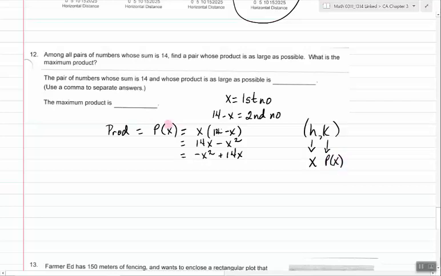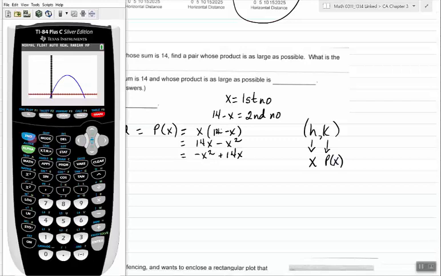I didn't call it Y, I called it P of X. So when I get that vertex, I'm going to have the X number, and then I can find the second number, and I'm going to have the highest product you can get. So let's go back to the grapher. Second of calc, I want the maximum.